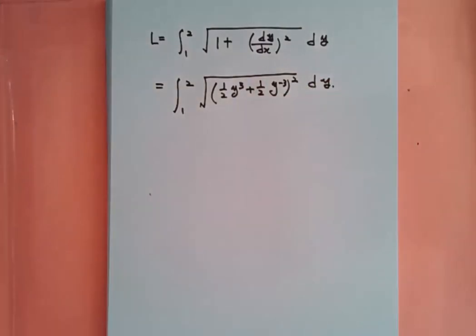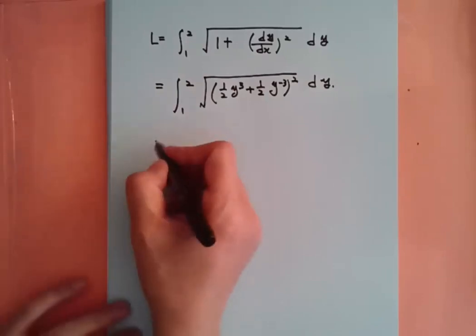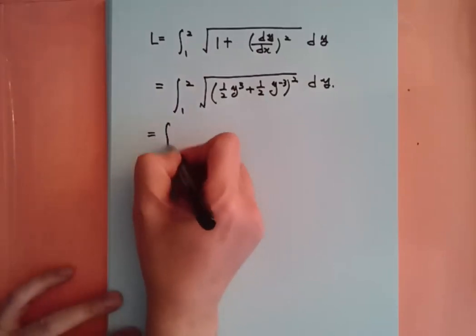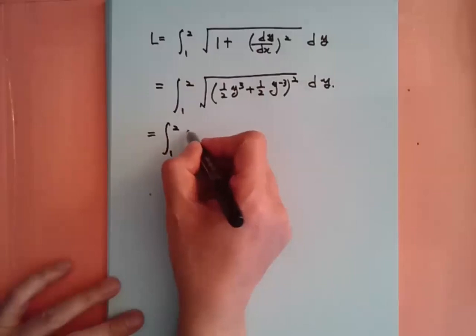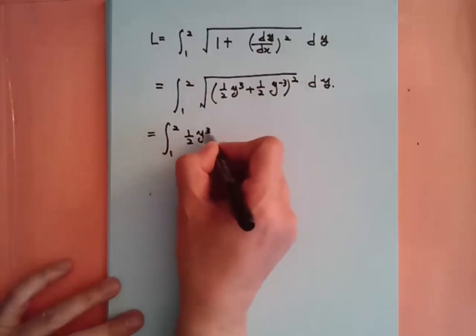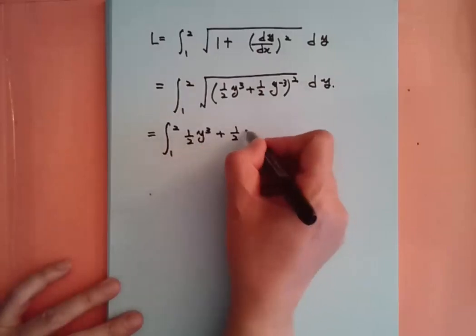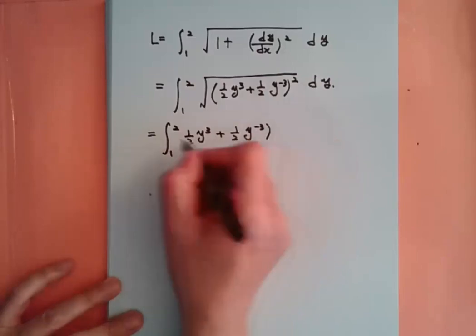The square root and the square will cancel each other. And the remaining thing is the integral from 1 to 2 of 1 over 2 y cubed plus 1 over 2 y to the negative 3 power dy.